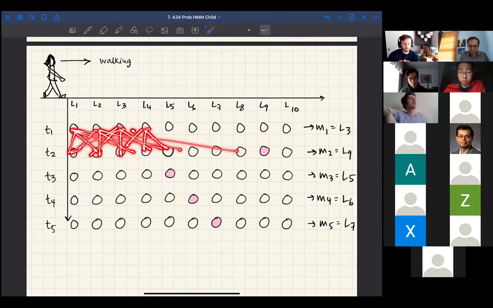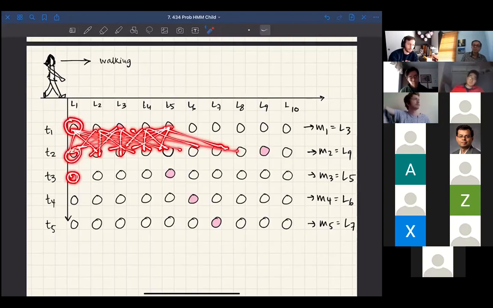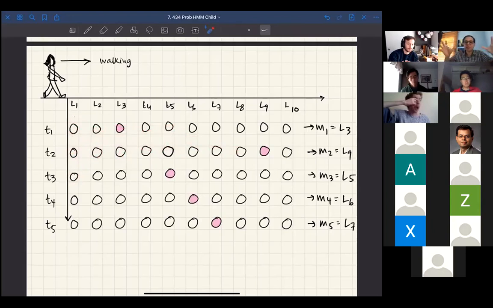So you see, right? It's a brute force kind of a process because we want to take every piece of information into account. If the user was here, what is the probability the user is here? And then you have to do the next one. If the user was here, and then if the user was here, what is the probability the user is here? It's exponential, right? The state space is growing exponentially.